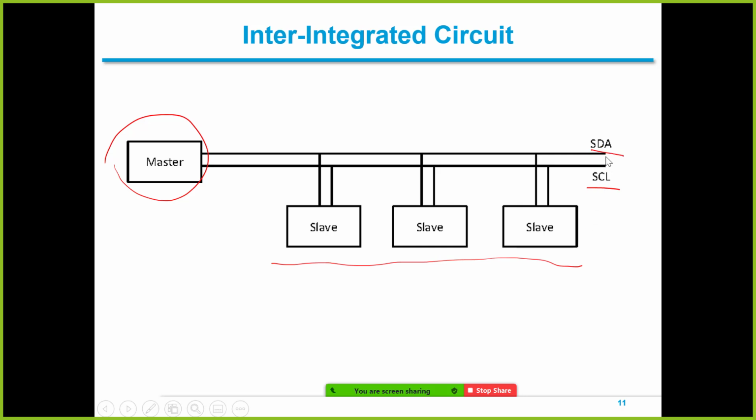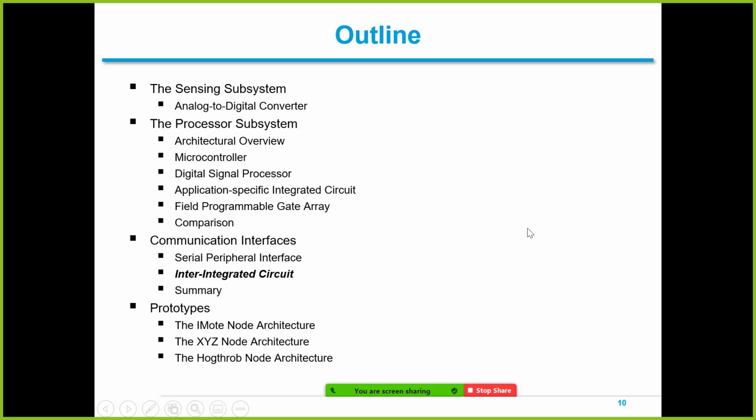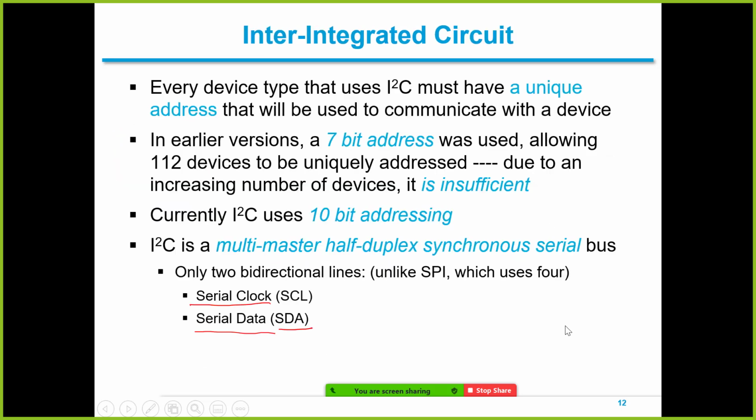One is the clock signal, one is data. And for the I2C, every device that uses I2C must have a unique address. Okay, unique address that will be used to communicate with the device.